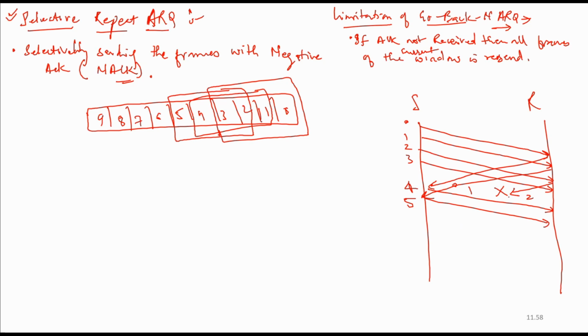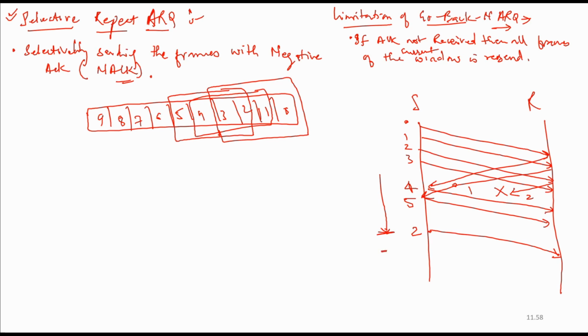If 2 is not received, it's not like it will send every frame available in the window. It will send only 2. If 2 is not received and the timeout occurs, then it will send 2 again.